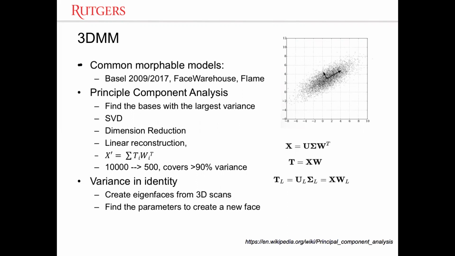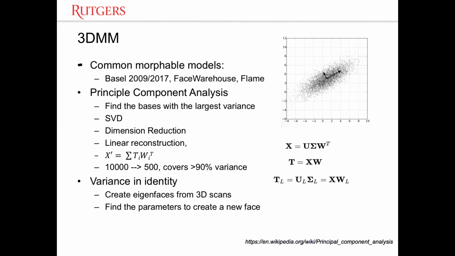And if you're familiar with linear algebra, it turns out that principal component analysis is a process of singular value decomposition, where you decompose the face matrix as an orthogonal matrix times a diagonal matrix times another orthogonal matrix.